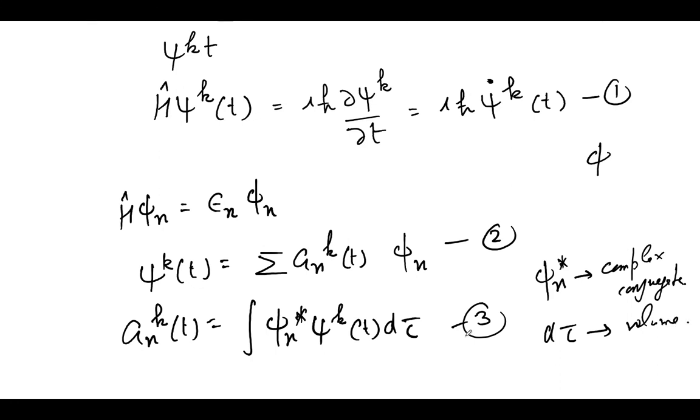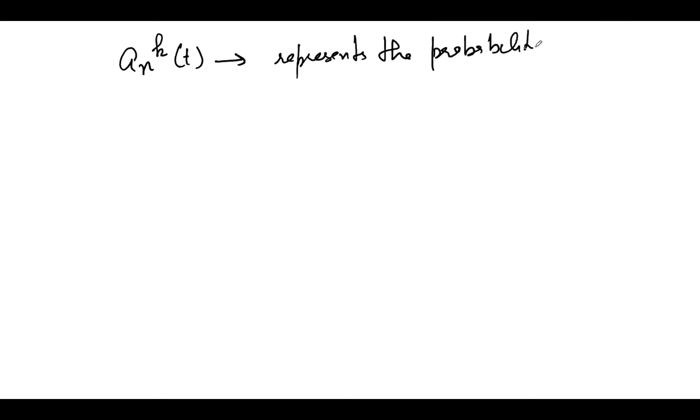Now, before deriving this expression for psi k of t, we need to find the value of a n k of t. It is the coefficient which represents the probability amplitude.